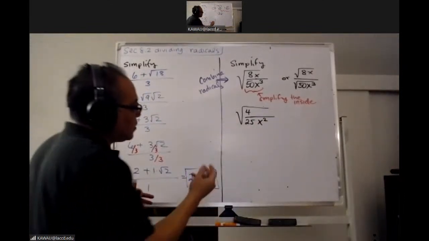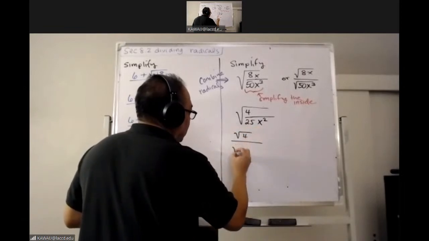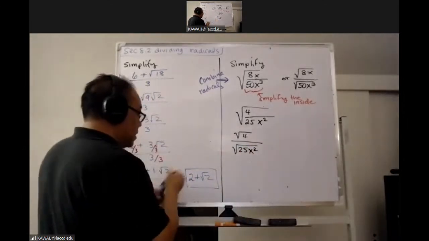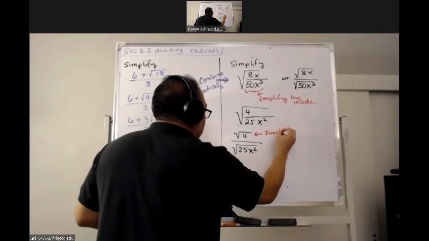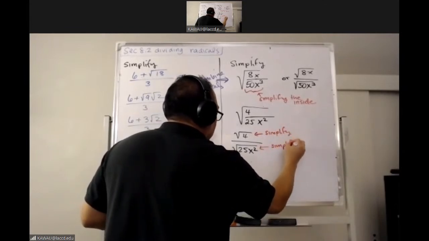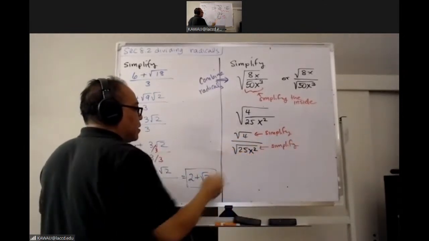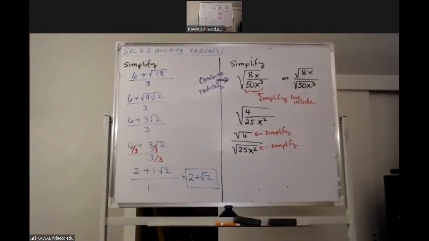Now, once you do that, you can break these up. Simplify this, and simplify this. Tell me what the square root of 4 is, what the square root of 25 is, and then simplify that x squared.